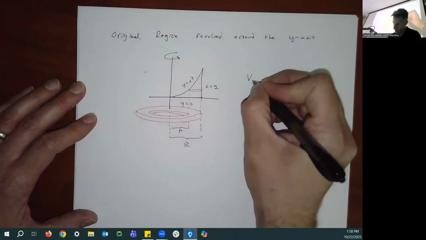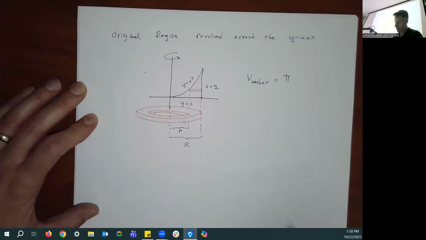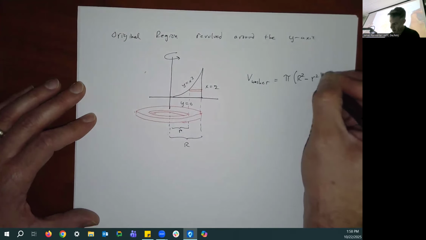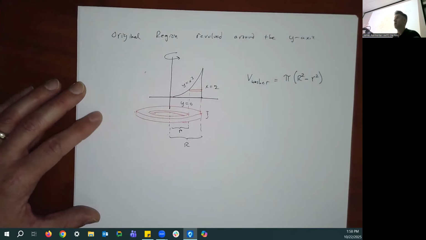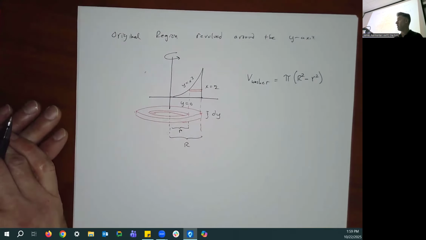The volume of my washer is going to equal, I'm going to factor out the pi this time, pi times the bigger radius squared minus pi times the smaller radius squared times the thickness of the washer, which is dy, a small change in y, not a small change in x.